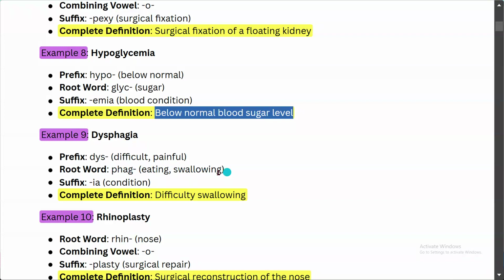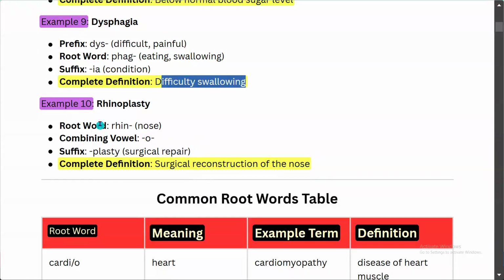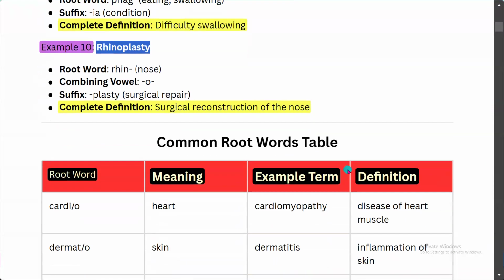Phag means eating, swallowing, and ia means condition. So that means difficulty swallowing. Then the next example is rhinoplasty. Rhin means nose. The combining vowel is o over here. And plasty means surgical repair. So rhinoplasty means surgical reconstruction of the nose.